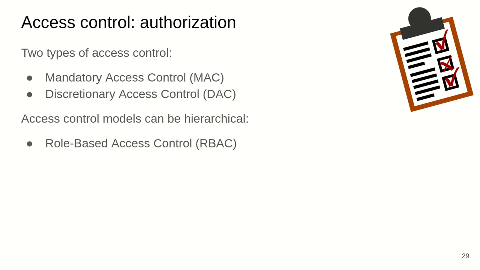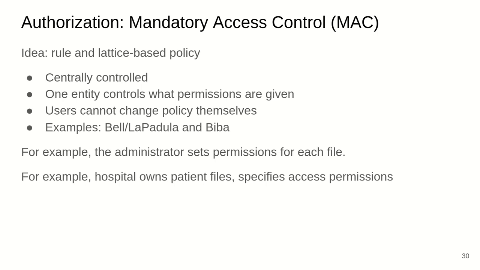Let's start with mandatory access control. And here the idea is that they are pretty much centrally controlled. They are rule and lattice-based policies controlled by a central administrator, and only this administrator controls the permissions that are given. Users cannot change the policy themselves, right?